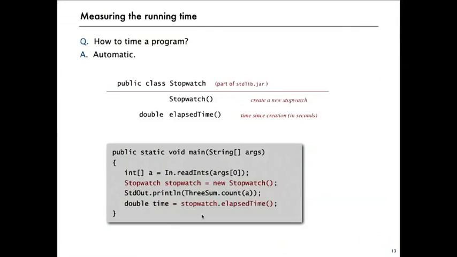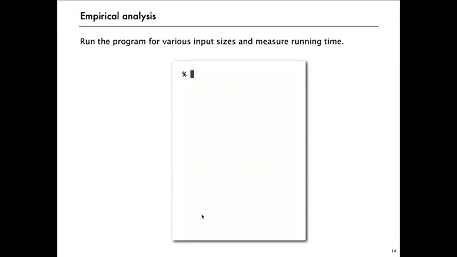Java has as part of its standard library a stopwatch class that will compute elapsed time. Anytime you run a program, if it's set up to easily take input of different sizes, a natural thing to do is just run it for bigger sizes.